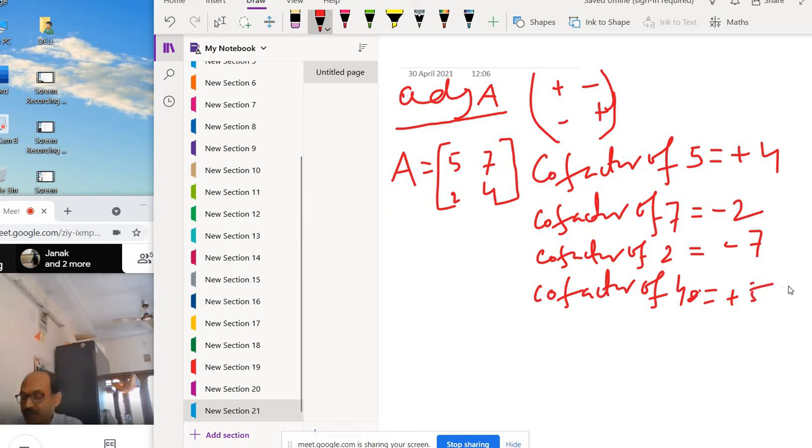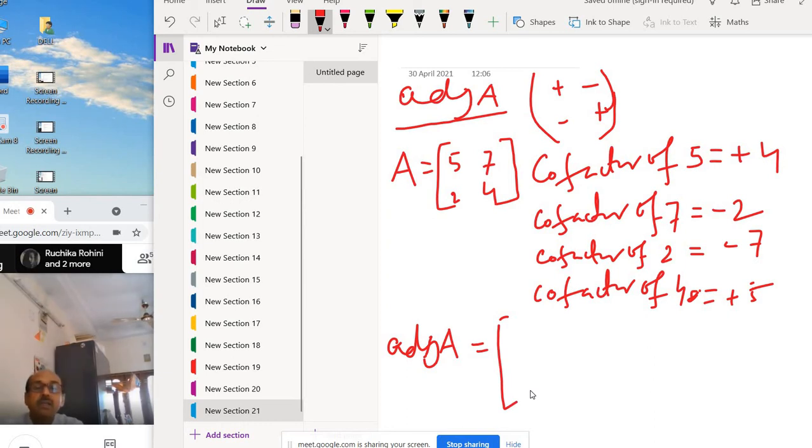Now write adj A, the adjoint of the given matrix A, equal to a matrix.